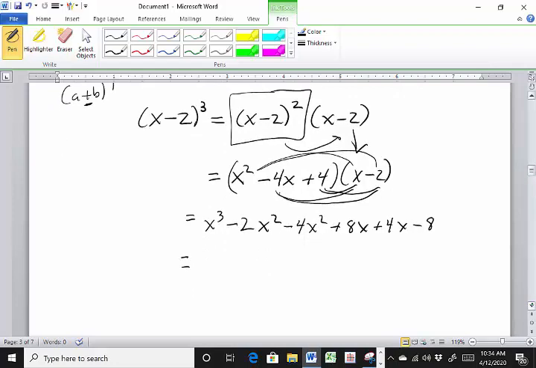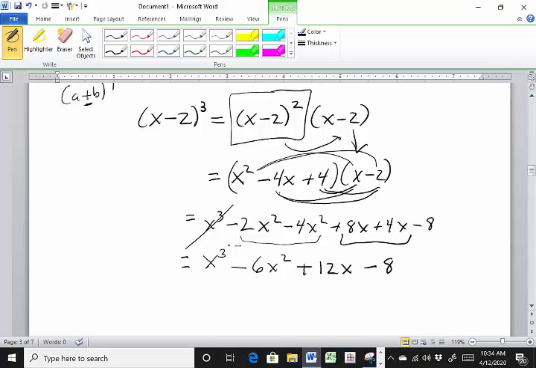Let's see what we have here. X cubed, so I'm done with that. Here's our squared term, so we have minus 6x squared, right? Minus 2x squared minus 4x squared. And then these are like terms, so 8x plus 4x is going to be 12x, and then subtract 8.